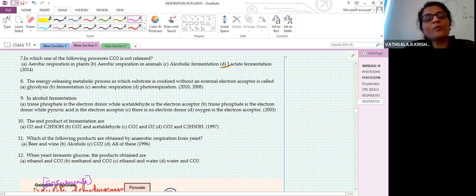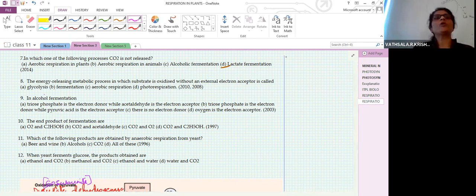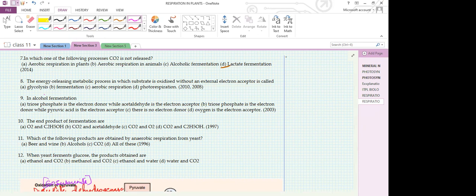Yeah, read out the question, read out the options. In alcohol fermentation, triose phosphate is the electron donor, while acetaldehyde is the electron acceptor. Triose phosphate is the electron donor, while pyruvic acid is the electron acceptor. There is no electron donor. Oxygen is the electron acceptor.